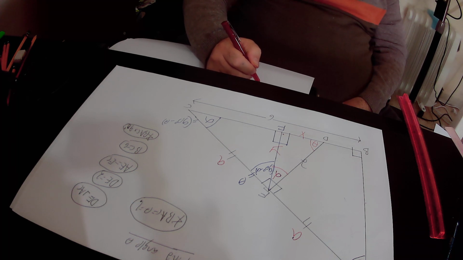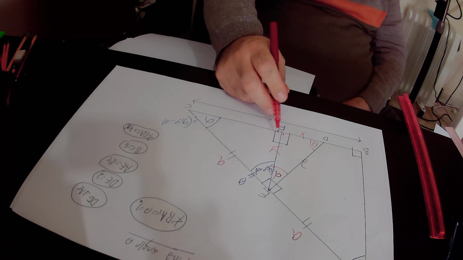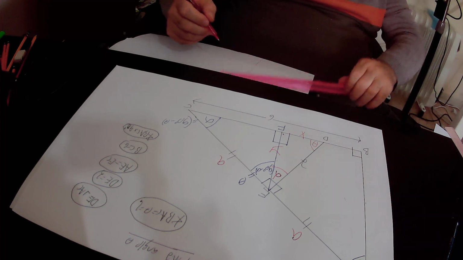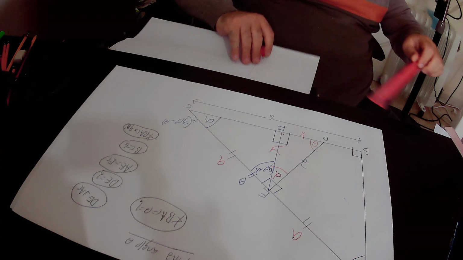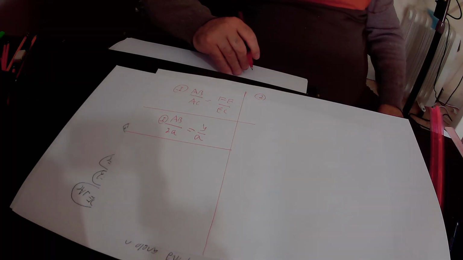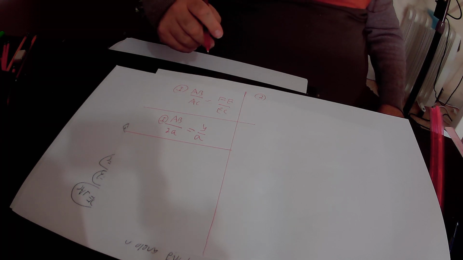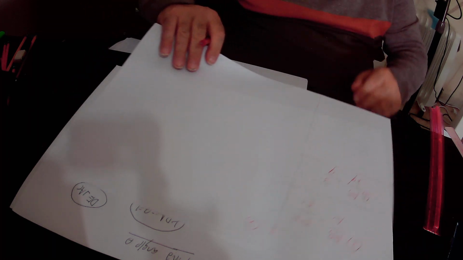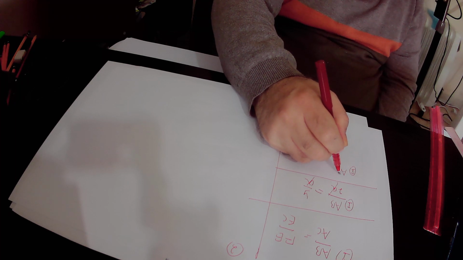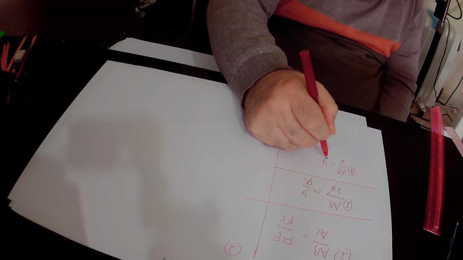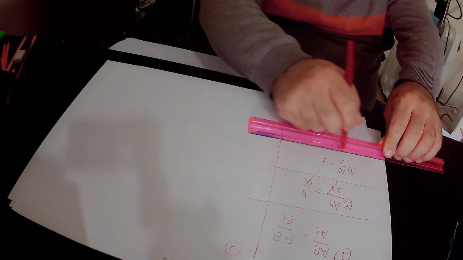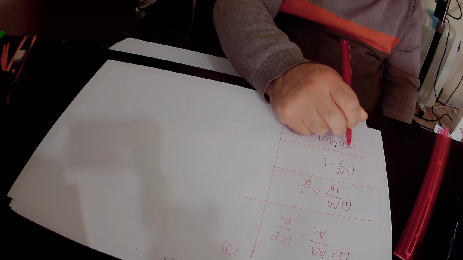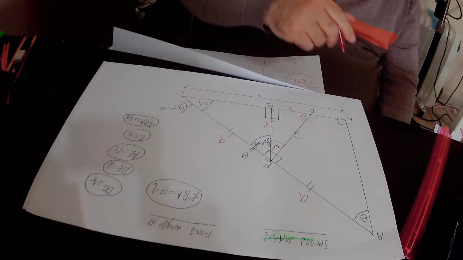And it is equal to EF, which according to our definition is Y, over EC, which according to our definition is A. So according to equation number 1, AB over 2A equals Y over A. Here we have A on both sides, so A will get cancelled, and we are left with AB over 2 equals Y. Multiplying by 2, we get AB equals 2Y.